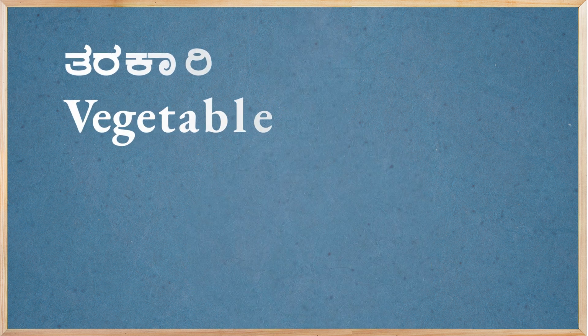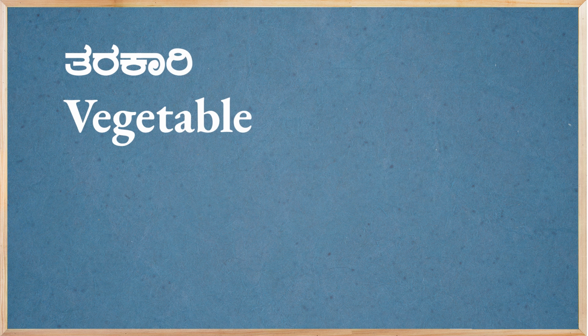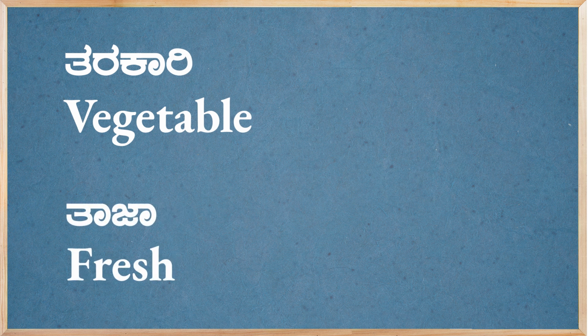Most significantly, you learned new terminology throughout this lesson, particularly concerning vegetables, fruits, and so on. I will recall a handful of them for your future reference. Let's get started. Tarakari, tarakari, vegetable. Taja, taja, fresh.